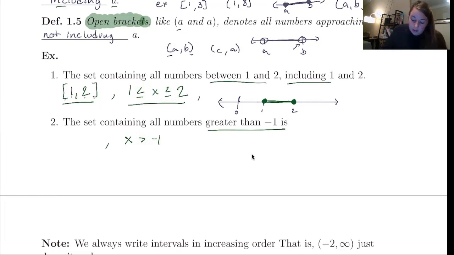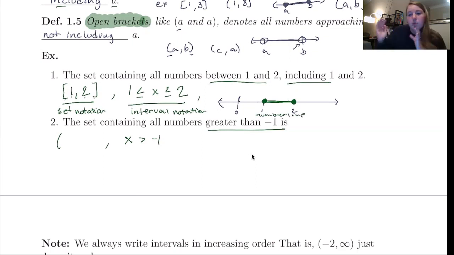So how would I draw that set? I would call that set notation, and I would call this interval notation. And I would just say number line. That's how I would define it if I asked for set, interval notation.